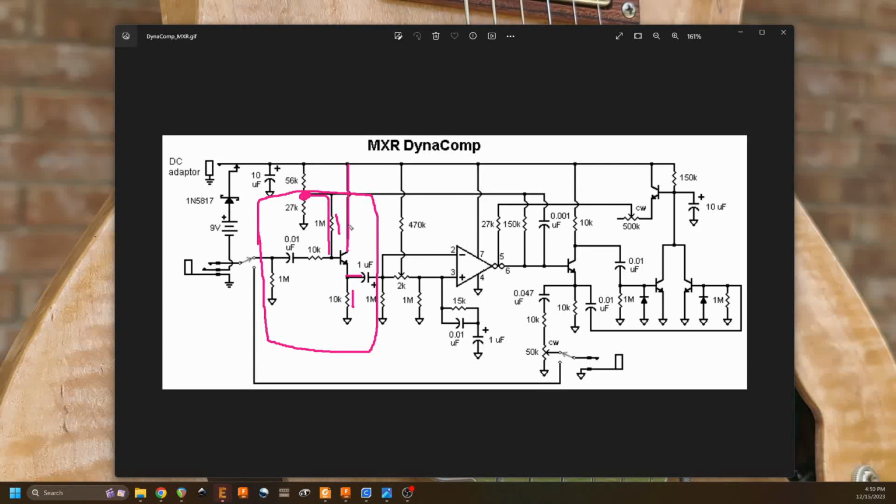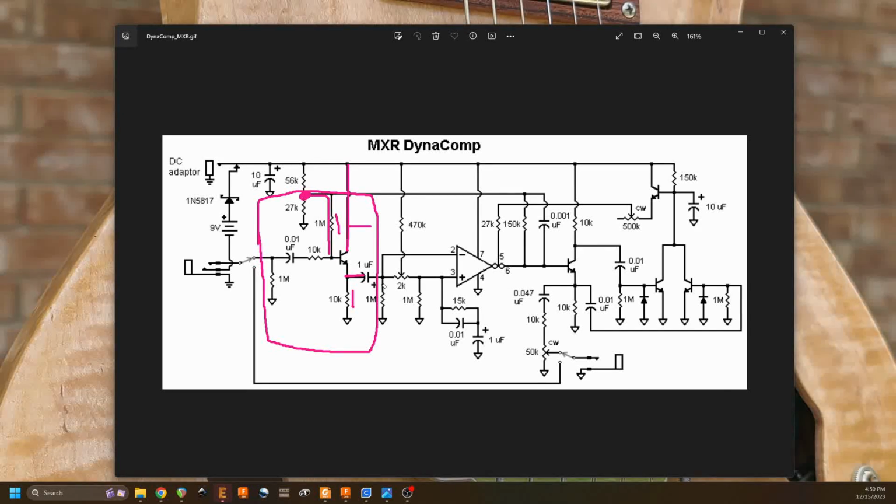If you take the signal off of the collector, the signal is inverted, and you can get a gain of greater than 1. But if you pull it off of your emitter here, then we've got unity gain and it is not inverted. And then we have a DC blocking cap here before going on to the following stages. So very simple emitter follower buffer there.